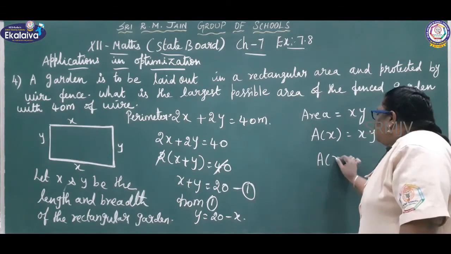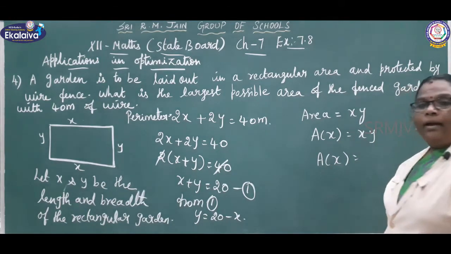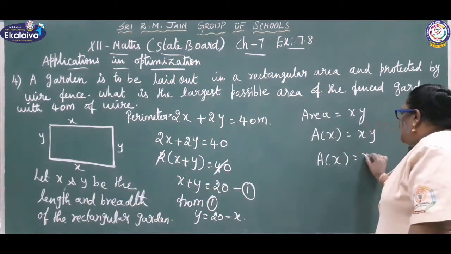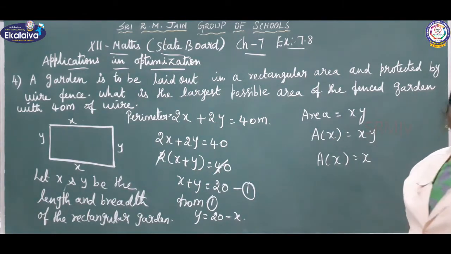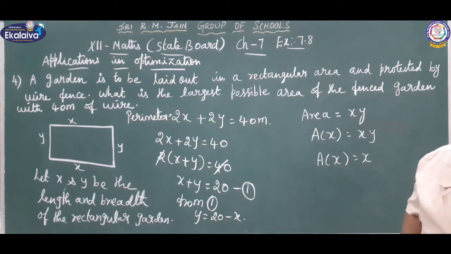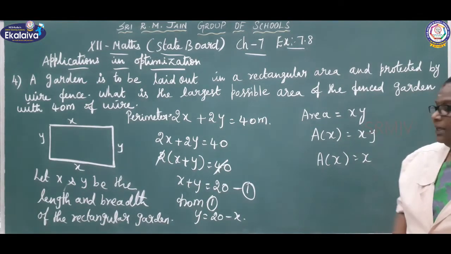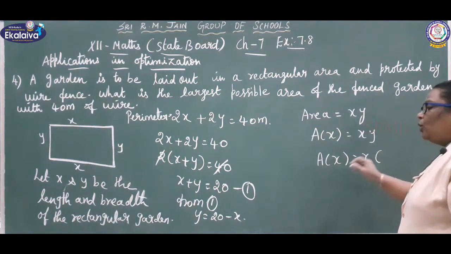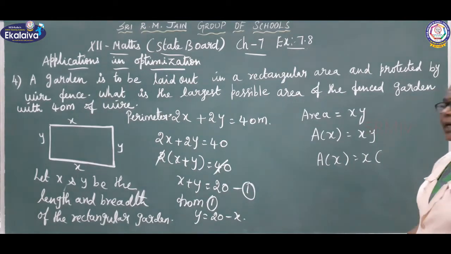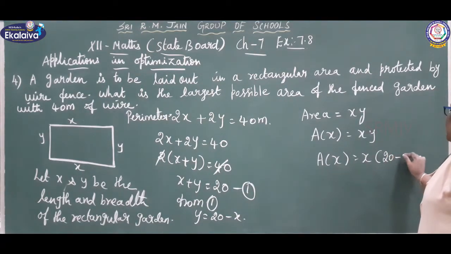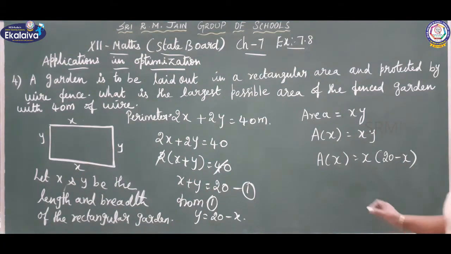So A of x equal to, because two variables are there, with respect to x only we are doing, so we change the y value into x. So x into, what about the y value? 20 minus x. x into 20 minus x.